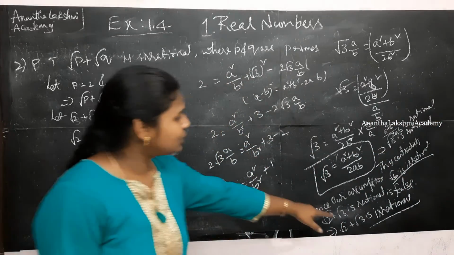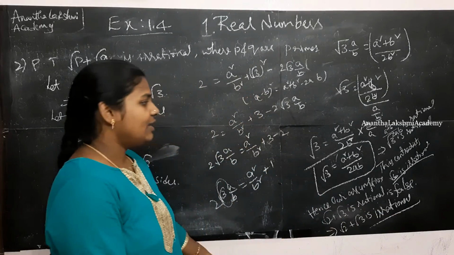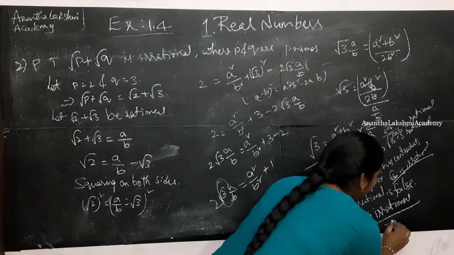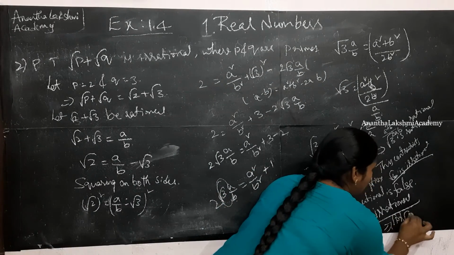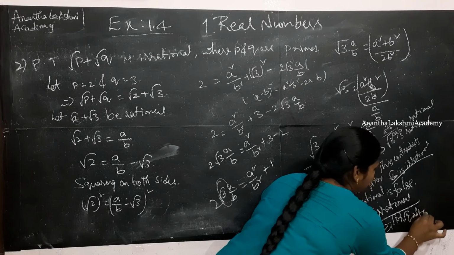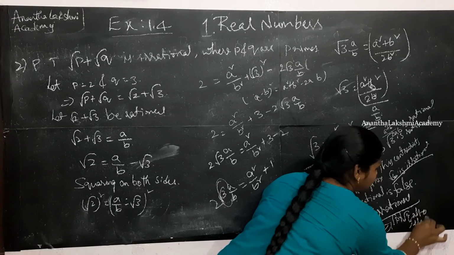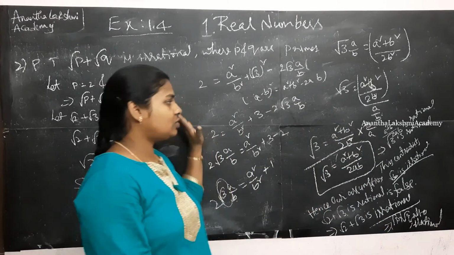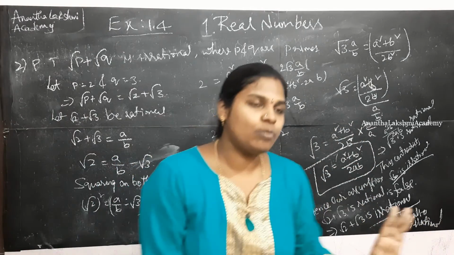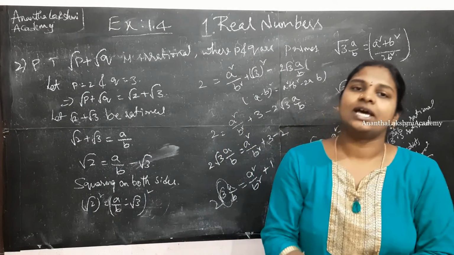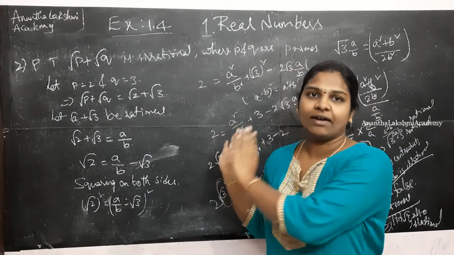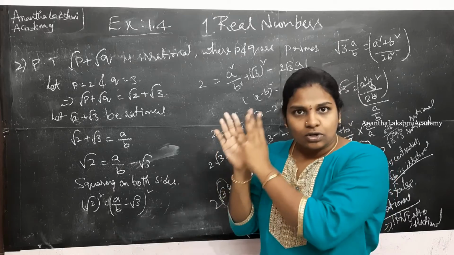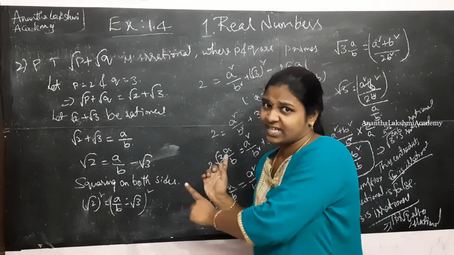Root 2 plus root 3 is irrational, which implies that root p plus root q is also irrational. Alright, this is how we need to solve the problem. For any irrational problem, we have to make sure that we have the root value on one side and the rest of the things on the other side.